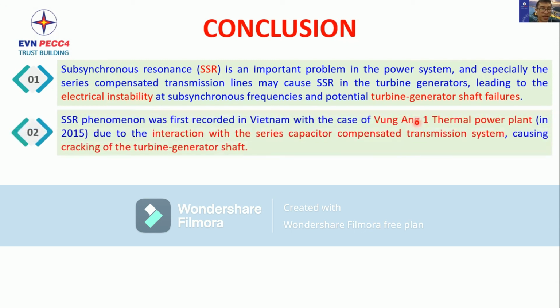Second, the SSR phenomenon was first recorded in Vietnam with the case of Vung Ang 1 thermal power plant in 2015 due to the interaction with the series capacitor compensated transmission system, causing the cracking of the turbine generator shaft.